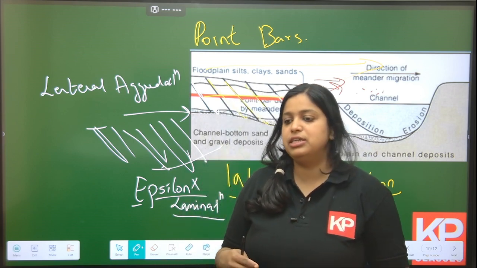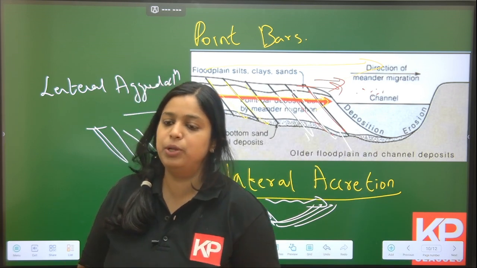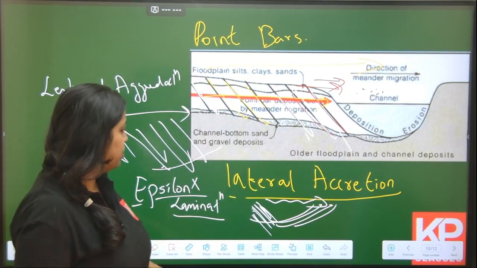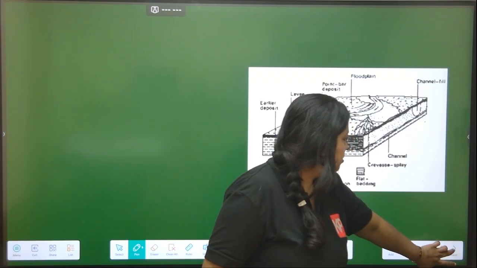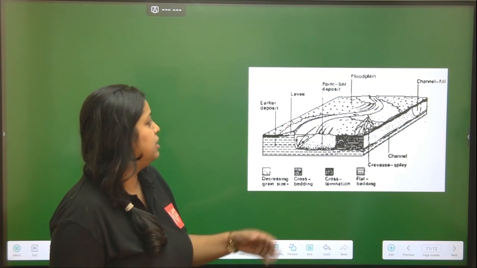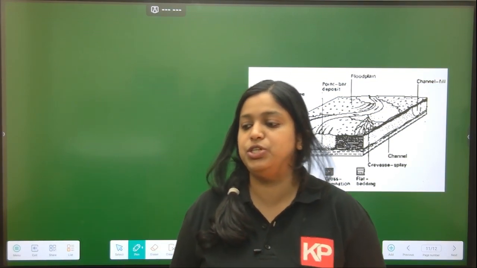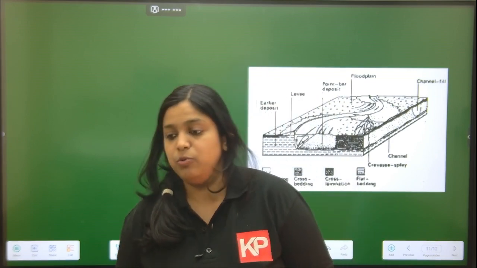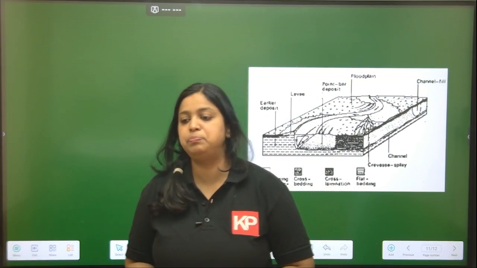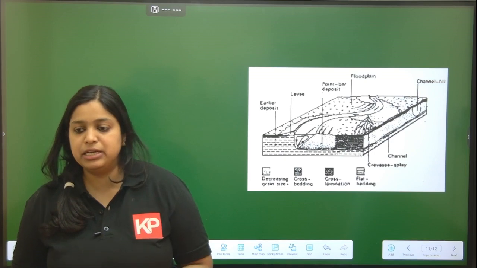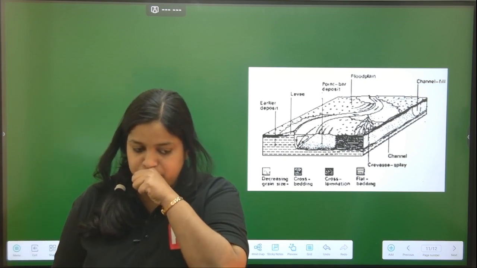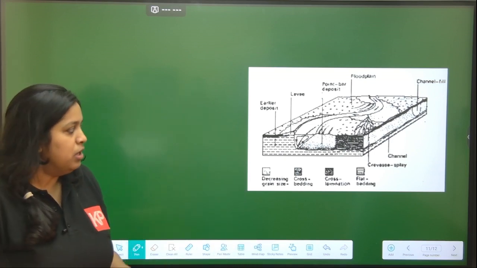So these are the details about the point bars. Next, let's see other structures and depositional landforms associated with the meandering river system.